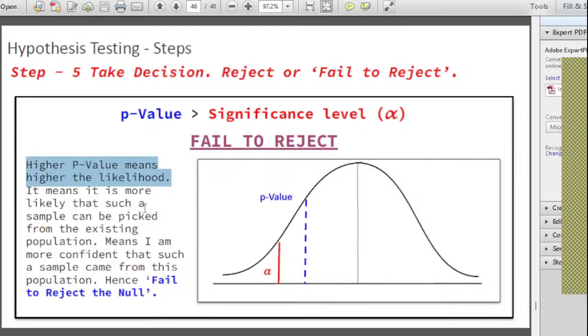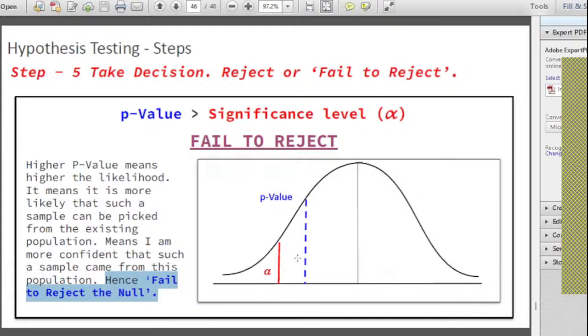It means it is more likely that such a sample can be picked up from an existing population, right? More likely that such a sample can be picked up from the existing population means I am more confident that such a sample came from this population only, hence we fail to reject the null.